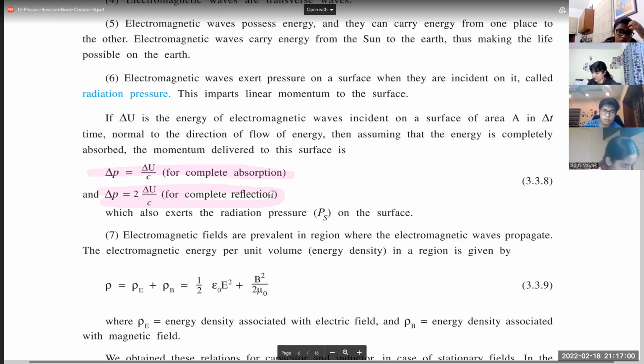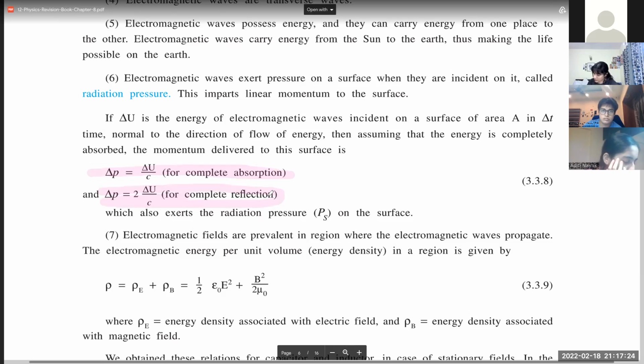Suppose there is a wall, and a ball is going from left to right and hits the wall. Left to right direction is positive. The ball's mass is 1 kg and the velocity is 1 meter per second. What is the momentum of the ball? 1. And suppose the ball stops there.